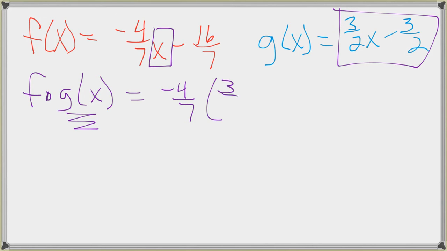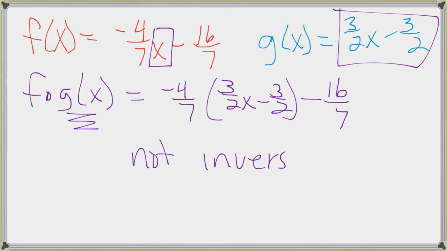So I have negative 4/7 times 3/2 x minus 3/2 minus 16/7. When you go to distribute that, it could get ugly, but can you tell by looking that that's not all going to cancel? Do we have to work that out? We don't. Because it didn't cancel down to just the x, we know those are not inverse functions.